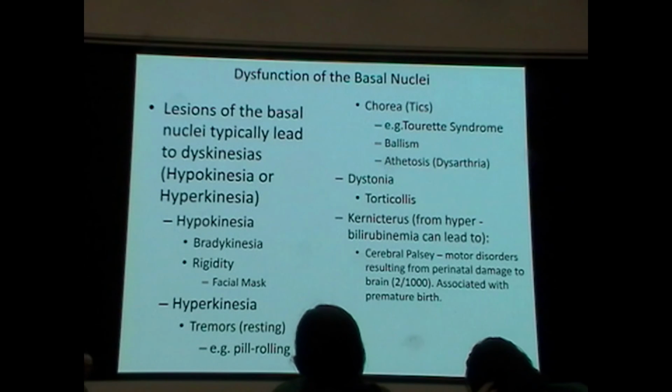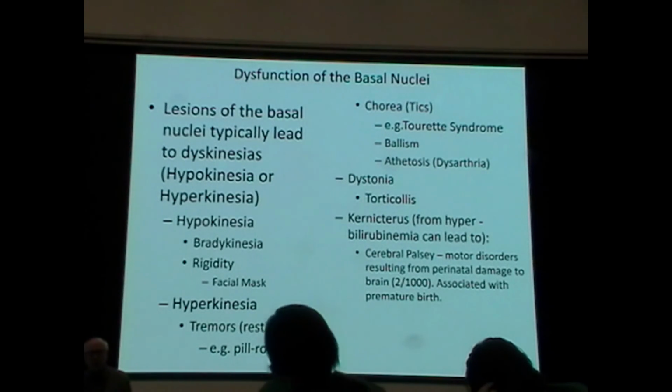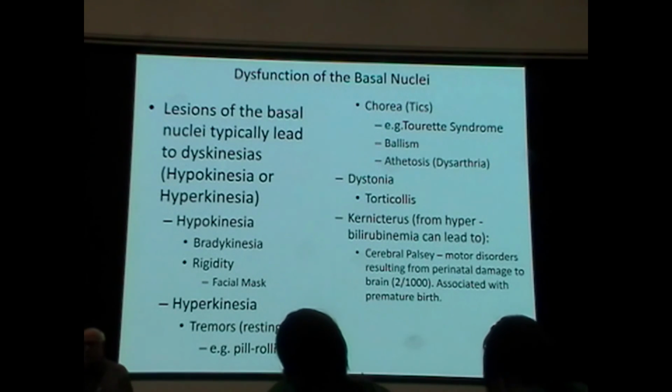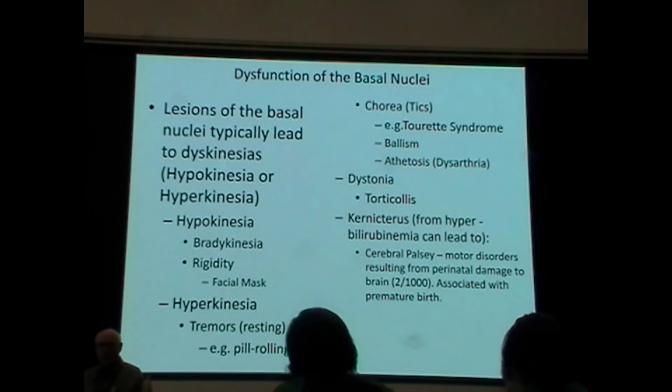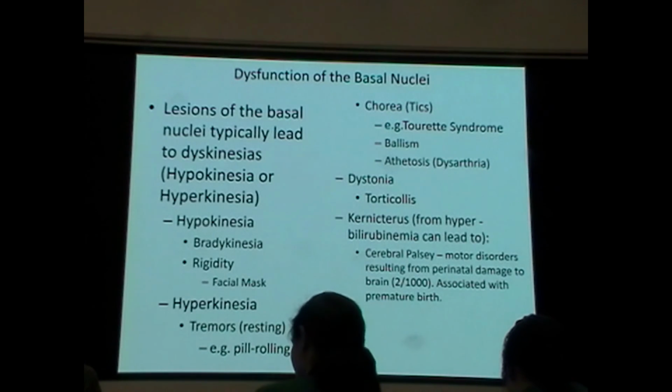Okay, so we talked about an intention tremor in cerebellar disease, where as the person begins to move, they start to shake. In the case of Parkinson's disease, we get this hyperkinesia where when they are sitting there resting, they are shaking. And they'll be like this, okay?